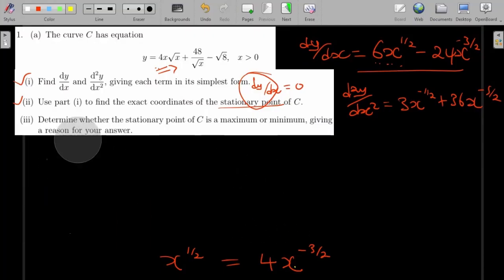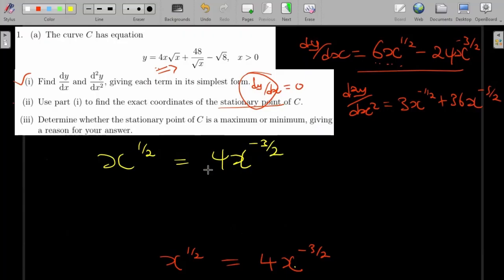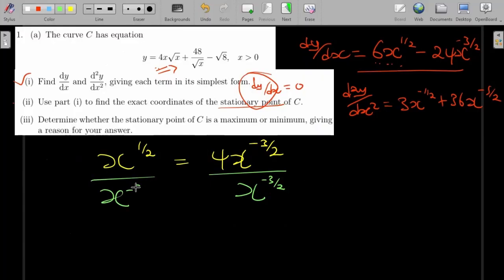So we have the expression x to the power half is equal to 4x to the power minus 3 over 2. So what I'm going to do here is just divide both sides. I'll divide this side by x to the power minus 3 over 2, and even here I'm going to divide by the same thing. So now here we are going to use indices.